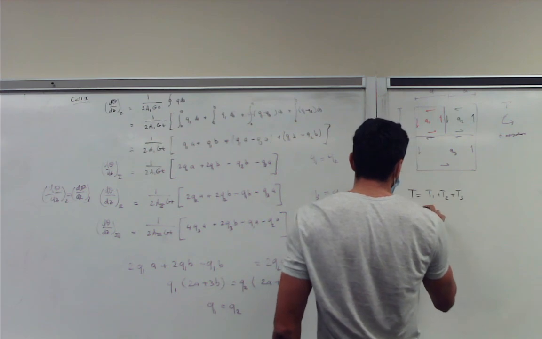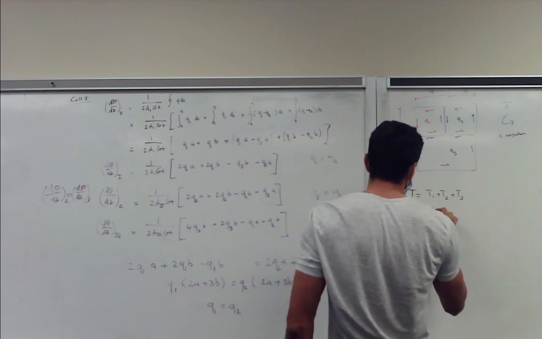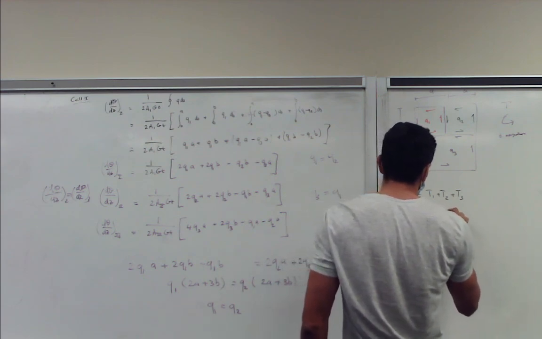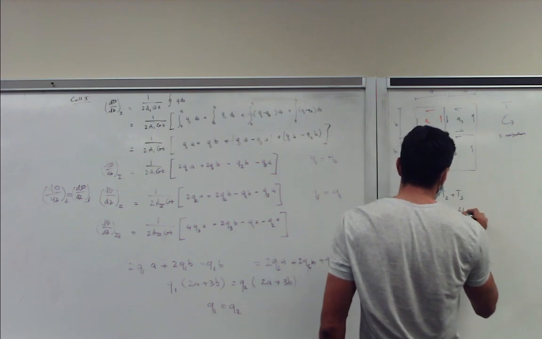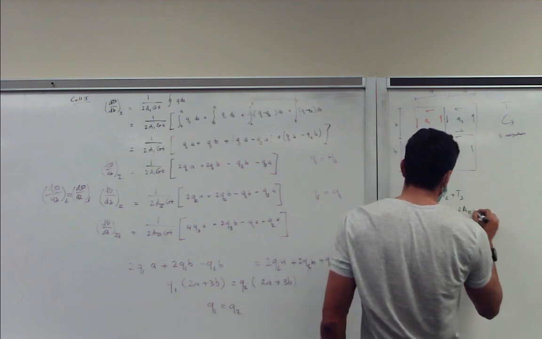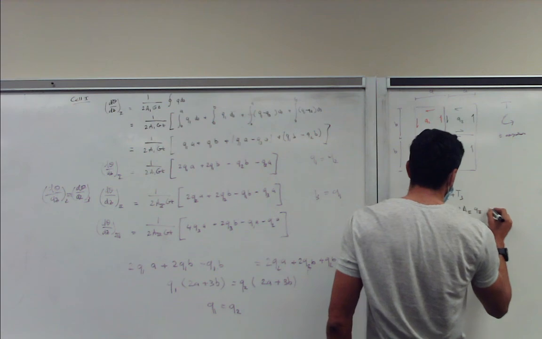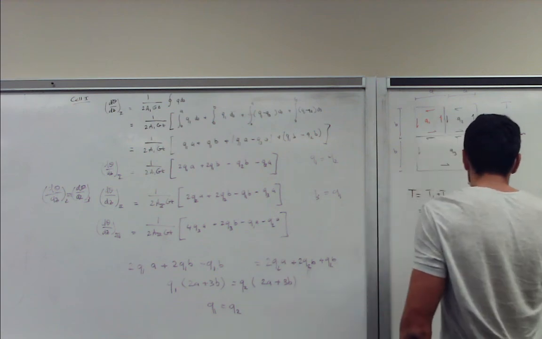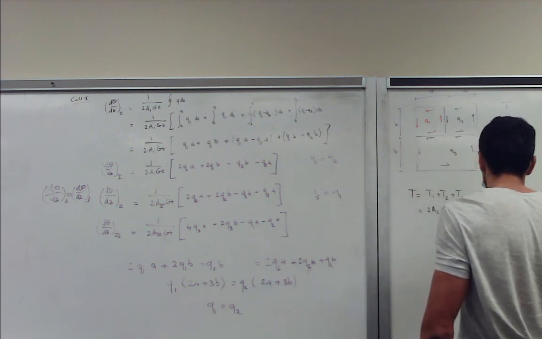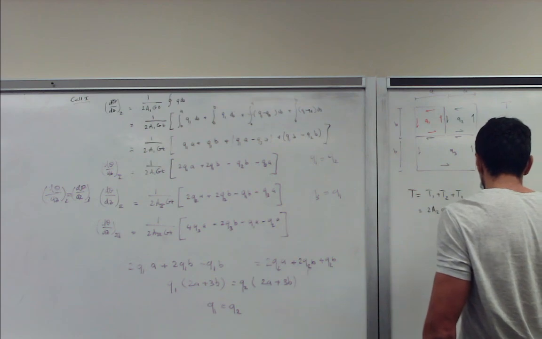We know that this is equal to 2 times the enclosed area of cell 1 times Q1 plus 2 times the enclosed area of cell 2 times Q2 plus 2 times the enclosed area of cell 3 times Q3, right?